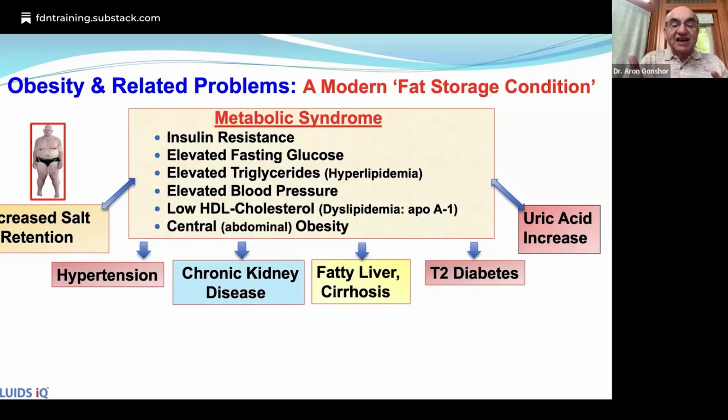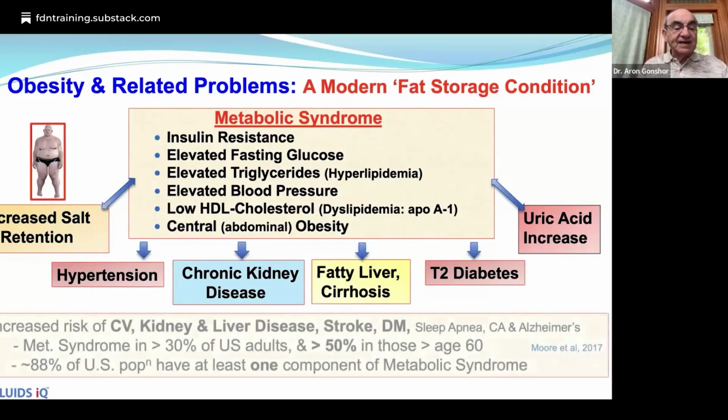Blood pressure is elevated, low HDL cholesterol, it's dyslipidemia, and you get central obesity. That means increased levels of fat in the abdominal area. And what does that lead to? It leads to hypertension, chronic kidney disease, fatty liver, cirrhosis, type 2 diabetes, etc.